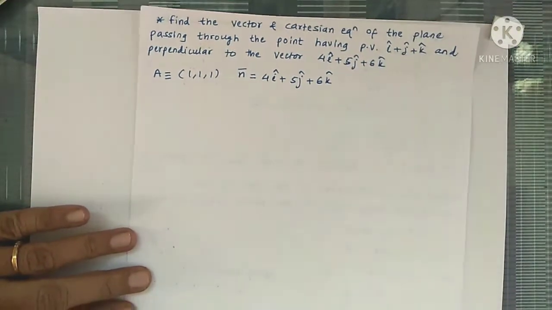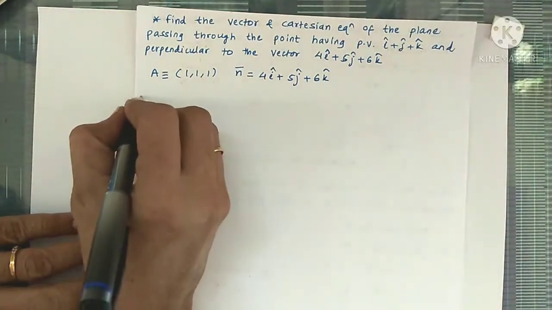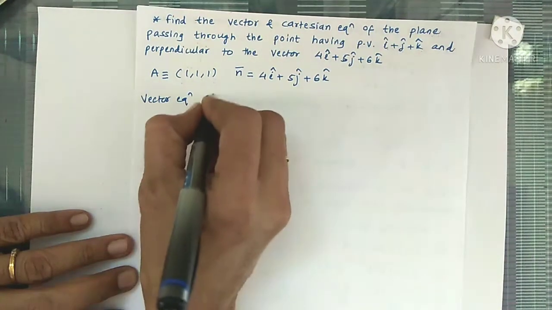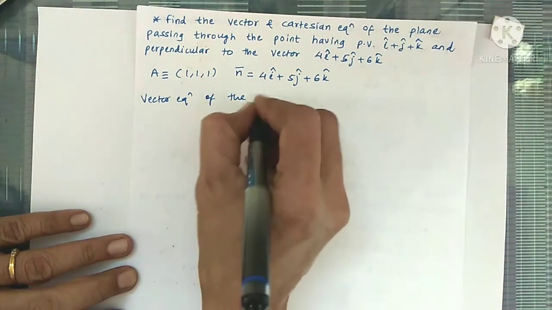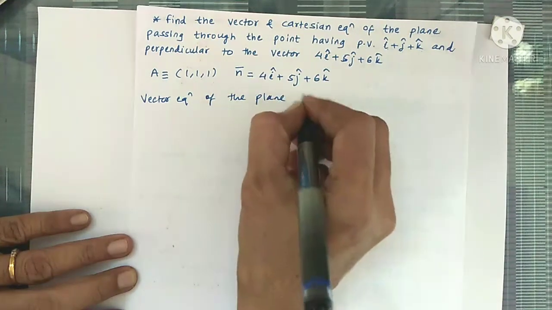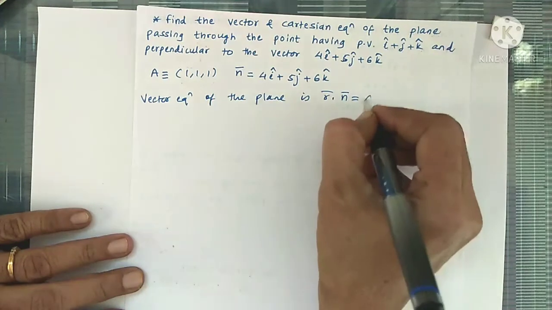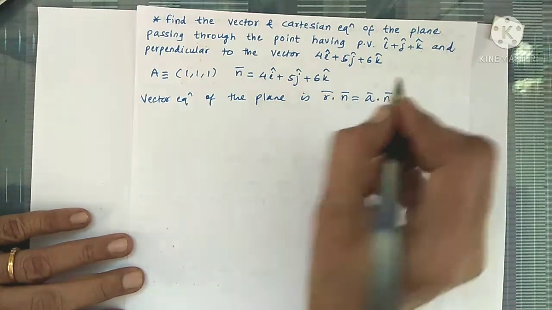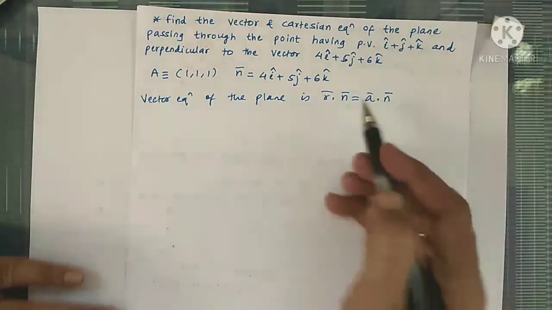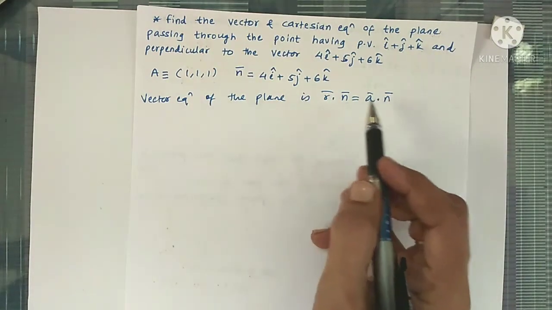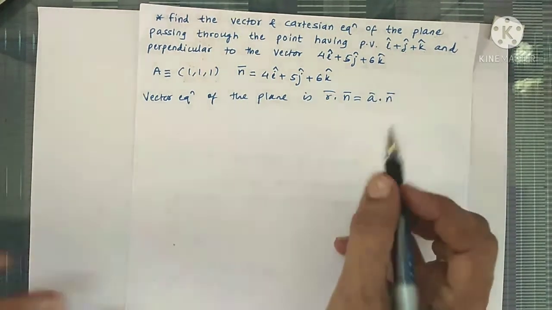Now the scalar product form, the vector equation of the plane, is r bar dot n bar is equal to a bar dot n bar. We just substitute n bar here, write r bar as it is, and find the value of a bar dot n bar.